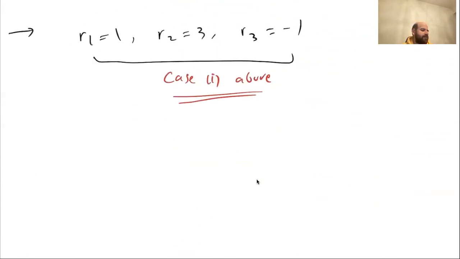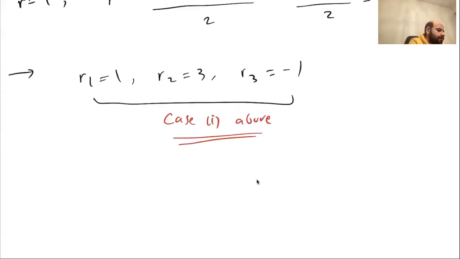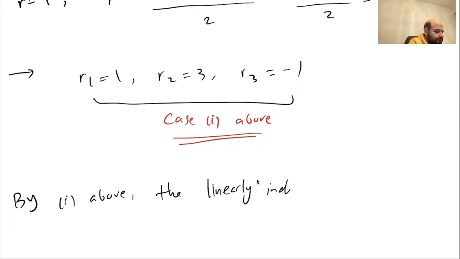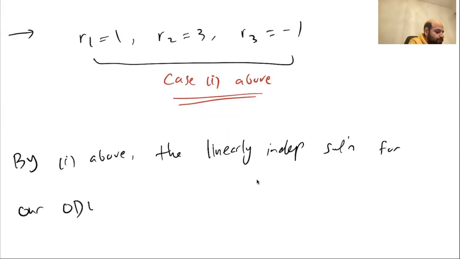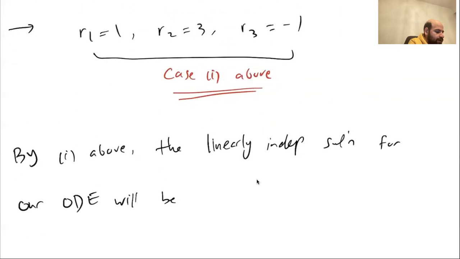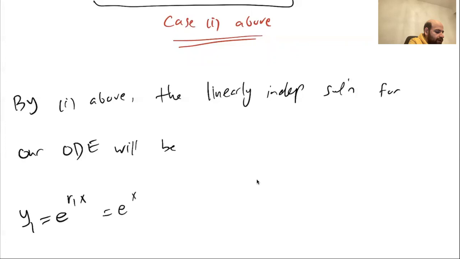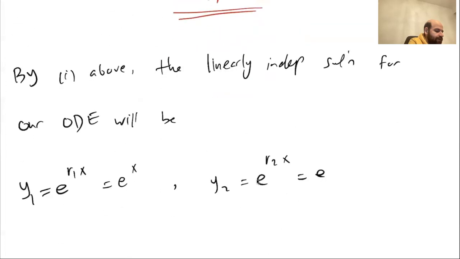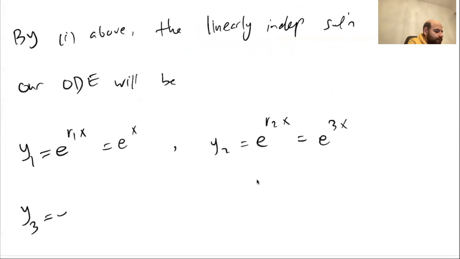So by case 1 above, the linearly independent solutions for our ODE will be y1 equals e to power r1x, which is e to power x, y2 equals e to power r2x, which is e to power 3x, and y3 equals e to power r3x, which is e to power minus x.